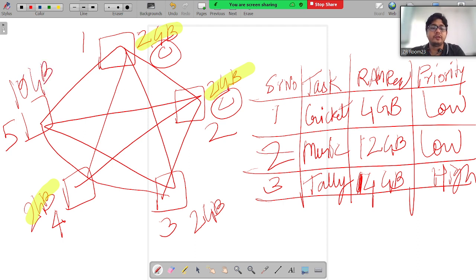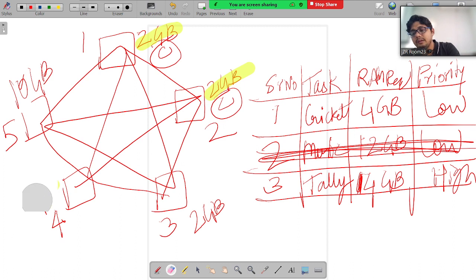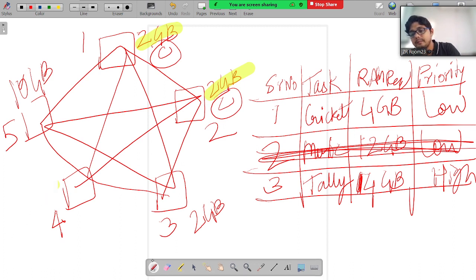Music will get turned off. See, this 12 GB will get turned off. So this will become empty and even this will become empty. Both of these become empty. Now again we require 2 GB. 2 GB here is available. Are you getting my point? So here Tally.